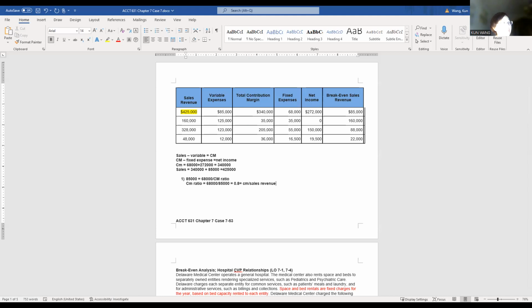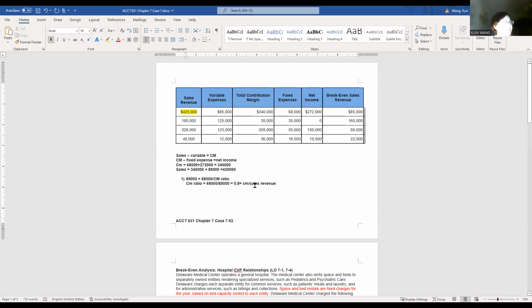The one I was able to calculate was 1.25, but it should be less than 1. No, I don't have a dollar amount for the total contribution margin. Total contribution margin equals sales revenue times the ratio. So I was able to calculate 0.8 as my new calculation.